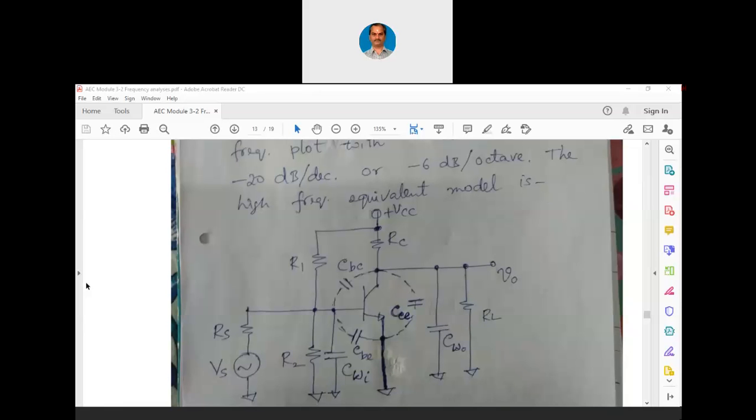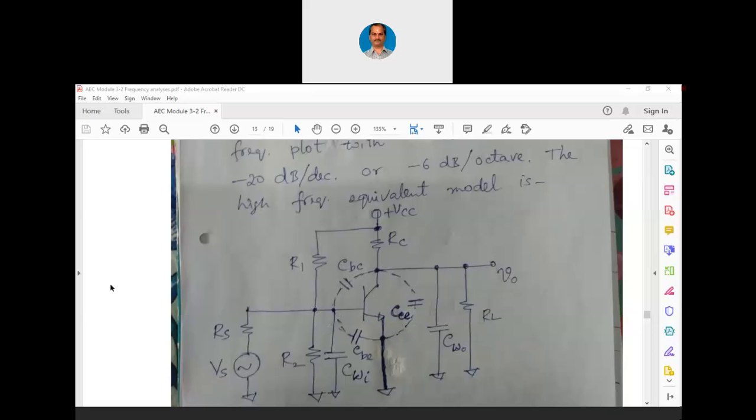Now, in the low frequency analysis, we had ignored the base to emitter junction capacitance or the base to collector junction capacitance or even the collector to emitter parasitic capacitance. But in the high frequency analysis, we cannot ignore, as once again I should say, X equals 1 over 2 pi fC. When f is very high, X is very low. So, we have to show this base to collector junction capacitance.